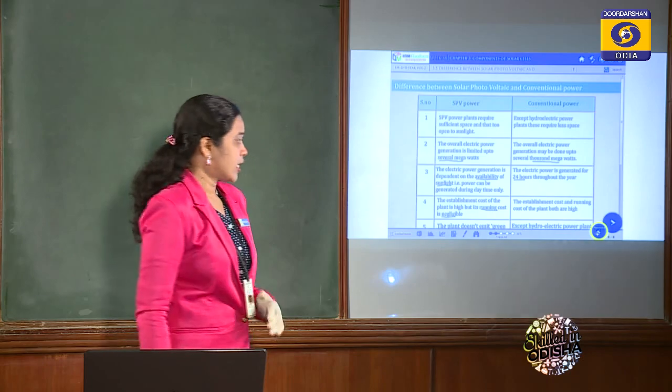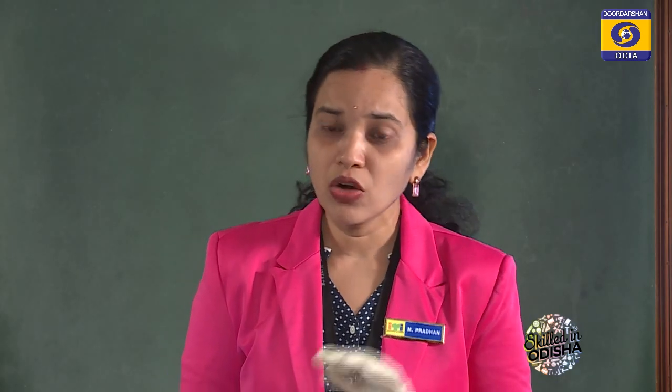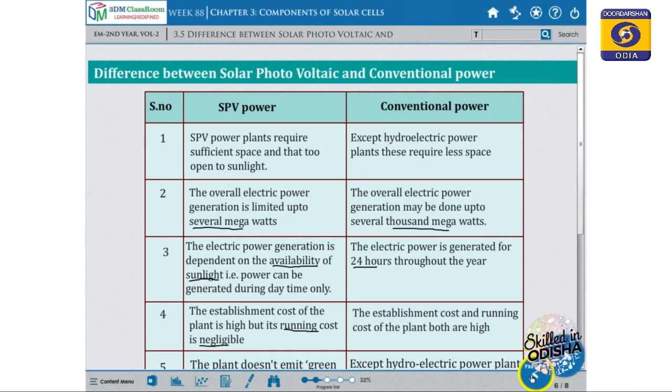A solar photovoltaic power plant we can operate, or get output power, only in the daytime, when a sufficient amount of sunlight is available. Only then can we generate the output power.